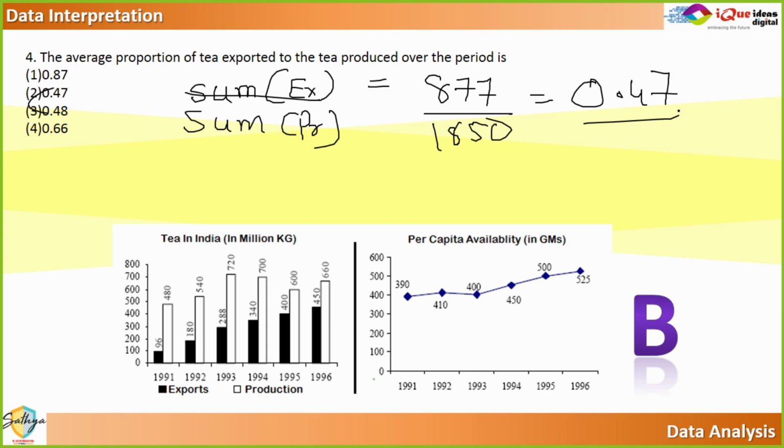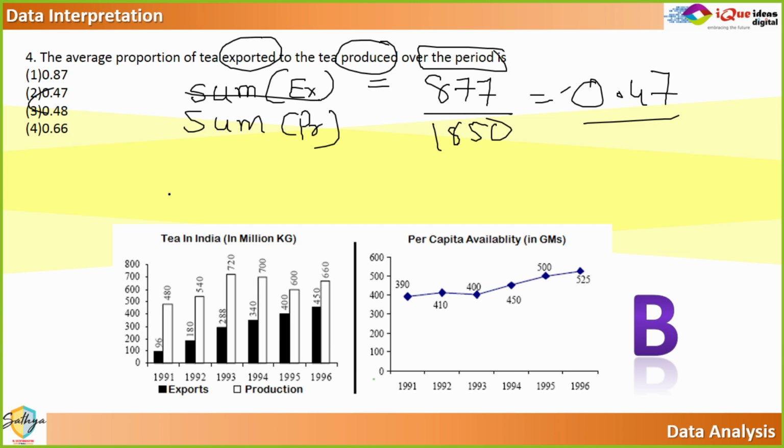Did we get it? See, क्या निकाला है? What is the average proportion of tea exported to the tea produced over the period?